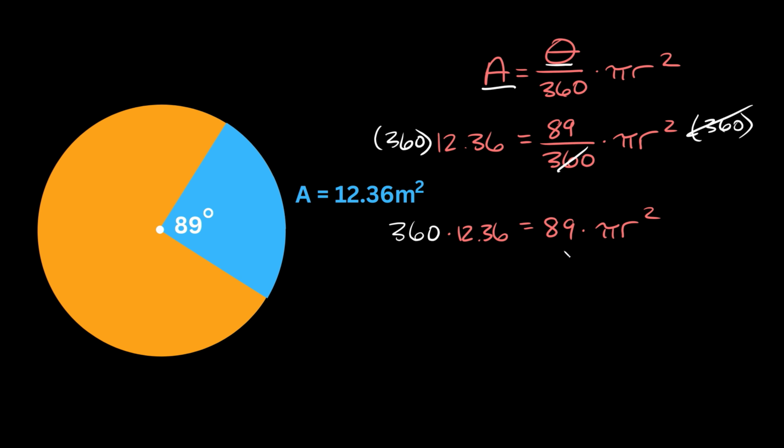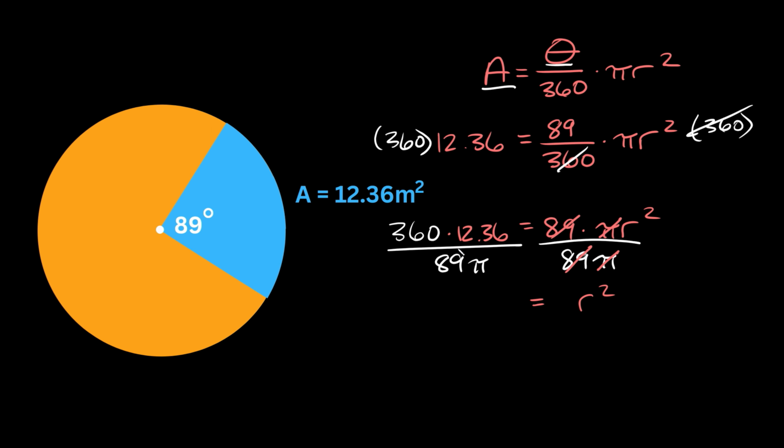The next thing we can do is get rid of this 89 and pi, all right? We could do that by dividing by 89 pi on this side and by dividing by 89 pi on this side, all right? So then on this side, the 89s cancel out and the pi's cancel out. So then we're just left with r squared, and that's equal to this whole mess right here.